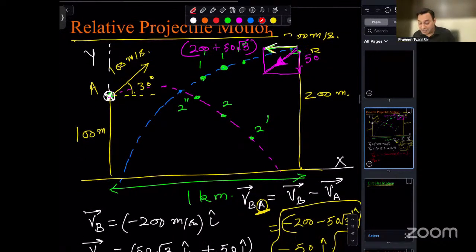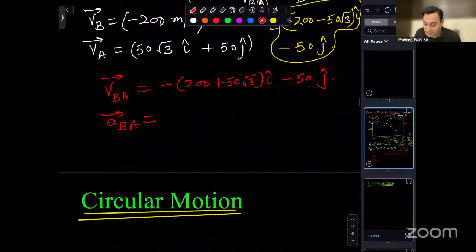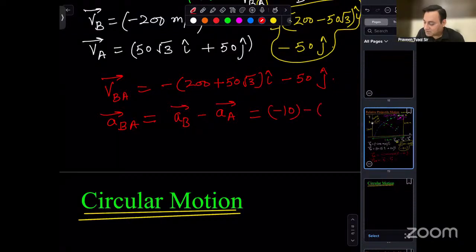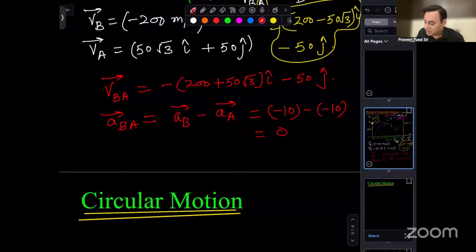So their accelerations are the same. Therefore, acceleration of B as observed by A will be acceleration of B minus acceleration of A. And acceleration of B was g downwards. So minus 10 minus 10 meter per second square, and that comes to 0.